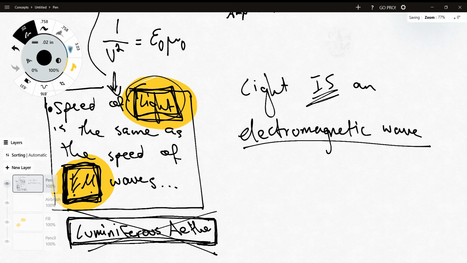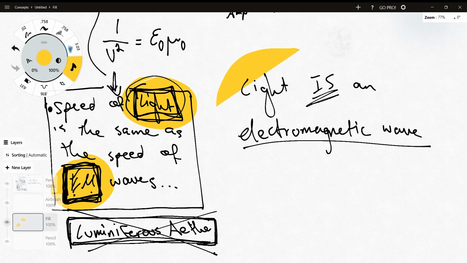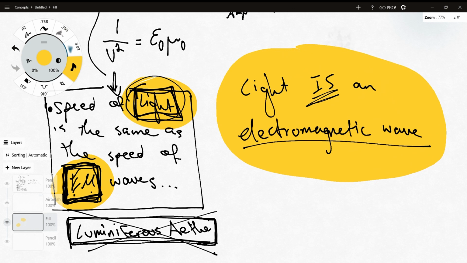And this is the perception that is held in modern physics.